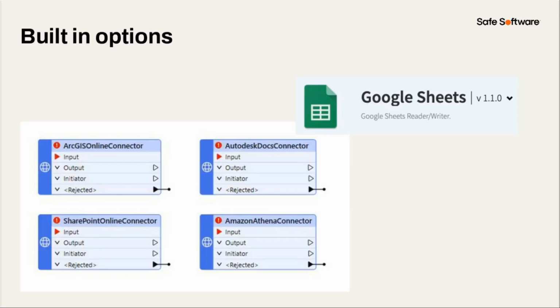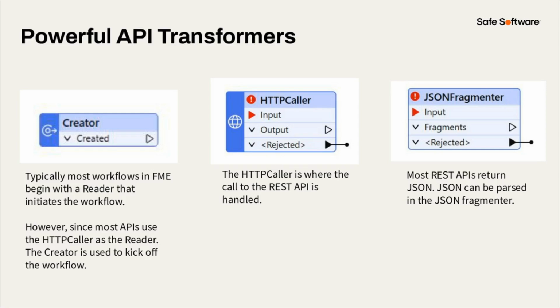We call them transformers, where you can connect directly to your service, whether it be in a reader or writer, or a transformer such as the Autodesk Docs connector, where there's a package and you can connect with a web connection. We will also be going over the powerful API transformers, where you can customize your own call directly.